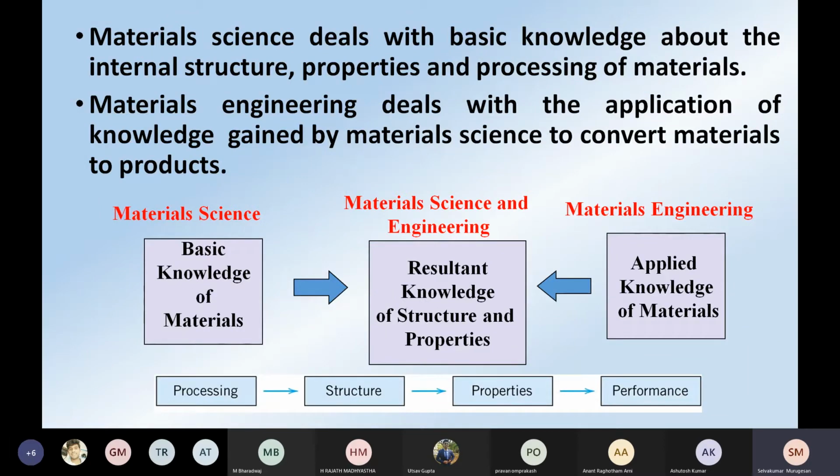If we see the flow chart, how exactly it works: you know the basic knowledge of the materials, and then of course you'll know the properties, etc. And to get these properties, you'll be applying some of the knowledge.